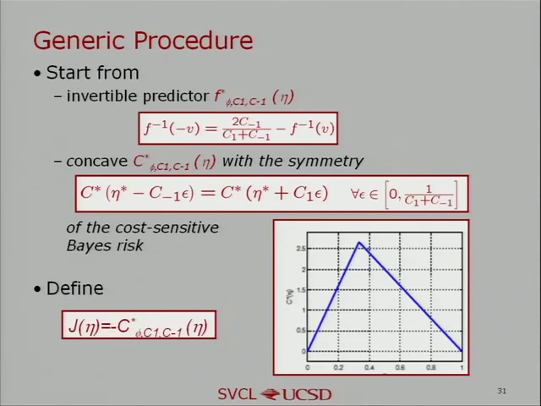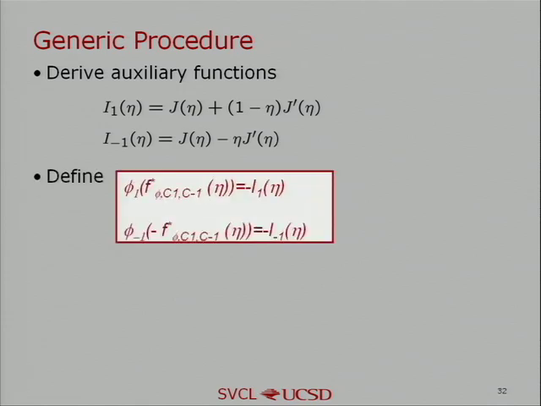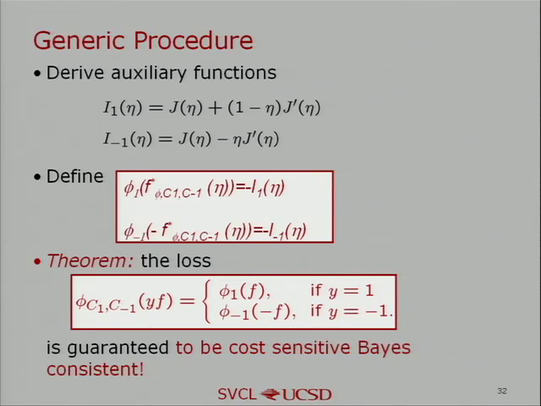And then we define J to be the negative of our C star, and we derive these auxiliary functions I1 and I negative 1 from these two formulas. And our loss functions can be shown to basically be the negative of I1. So phi1 is going to be negative I1, and phi negative 1 is going to be negative I negative 1. And these come from probability elicitation. The proof comes from there. But in general, the theorem is that the loss derived through this procedure is cost-sensitive and Bayes consistent.